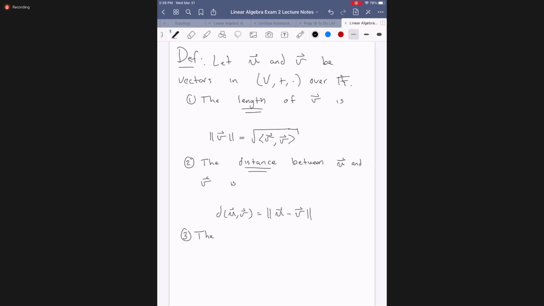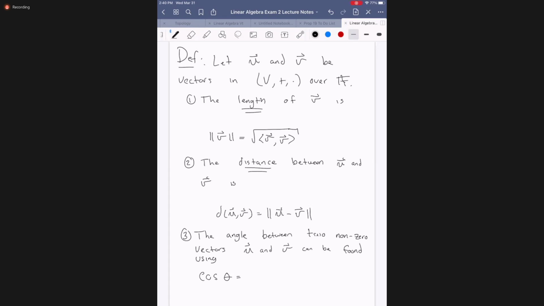Three, the angle between two non-zero vectors U and V can be found using cosine of theta.